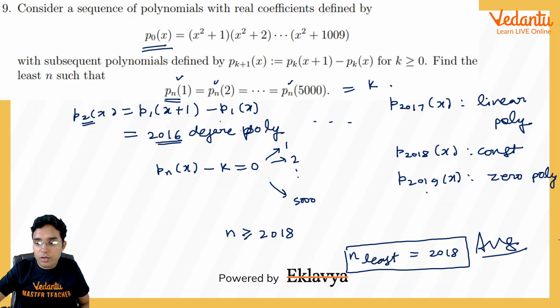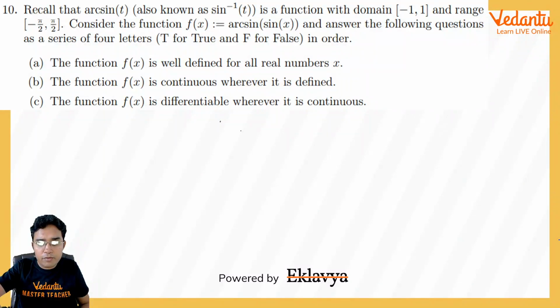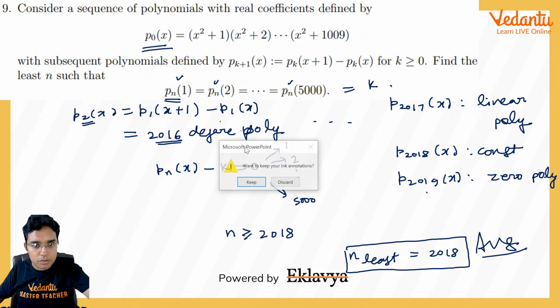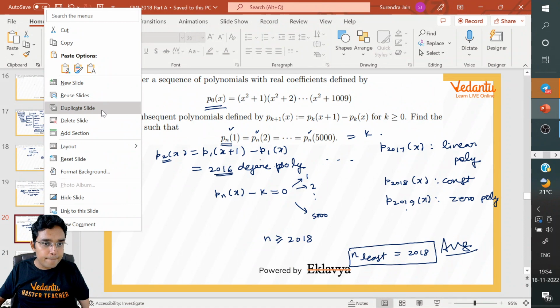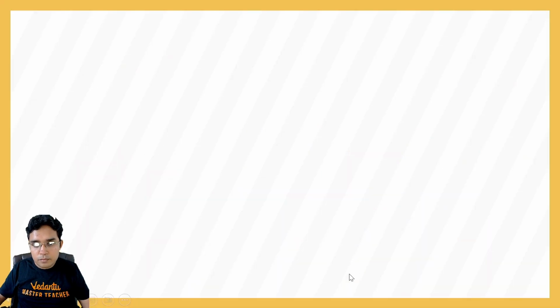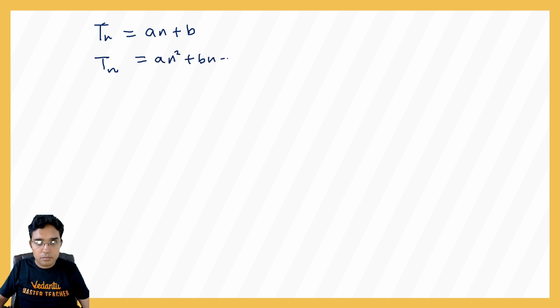If you remember, we used to tell you that if the difference of two terms is constant, the nth term is linear in n, and that is called an AP. If the difference of difference is constant, then it's a quadratic. If the difference of difference of difference is constant, then it's a cubic.